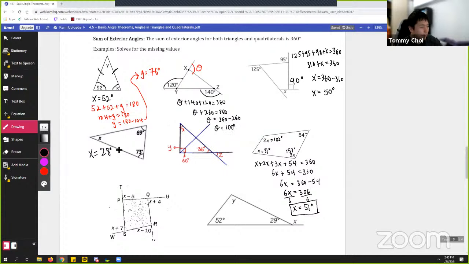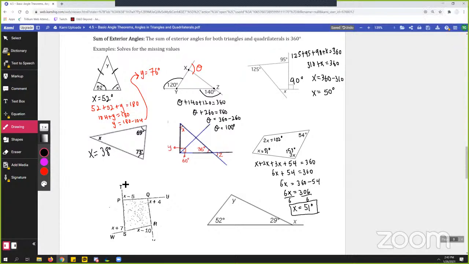I get 38. Can someone confirm that? 38 degrees, yes. Totally, yes, 38 degrees.